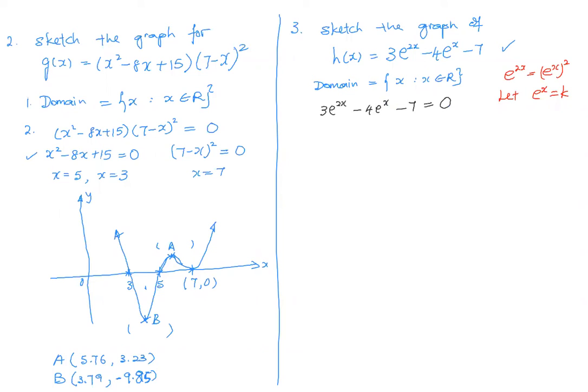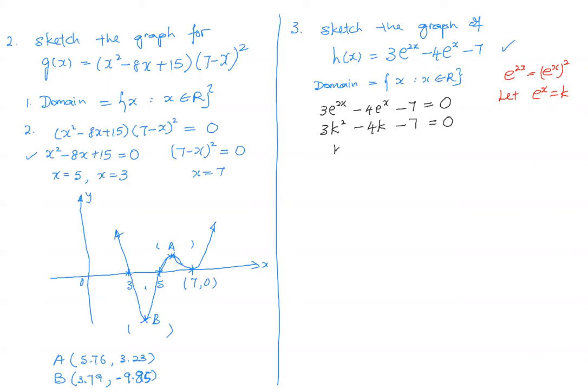So you let e to the power x equal to k. So this is 3k squared minus 4k minus 7 equal to 0. Then this is a quadratic. Use your scientific calculator to get the value of k. Do you know how to use your scientific calculator?